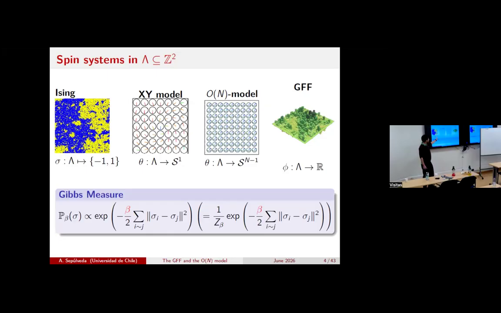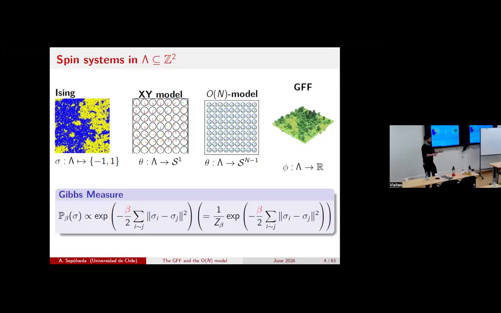What happens when the spin can take continuous values? When the values are compact, the proportionality is like a Radon-Nikodym derivative with respect to the Haar measure, meaning the uniform measure either on the circle or on the sphere. For those of you who do not know what the uniform measure on the sphere is, just take a Gaussian random variable in dimension n and divide it by its norm.